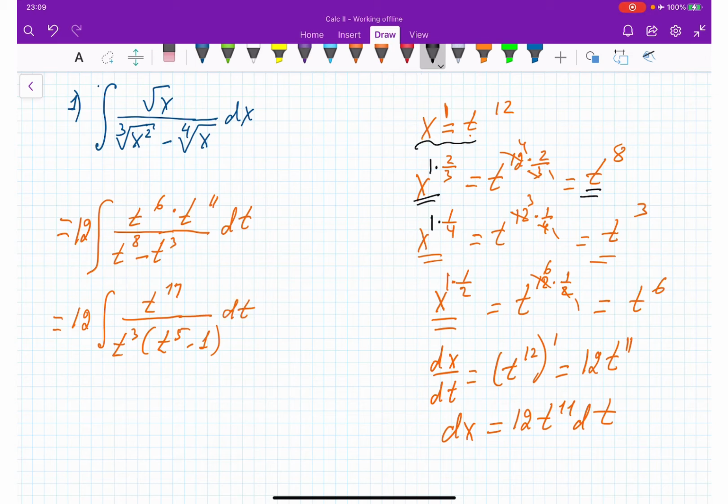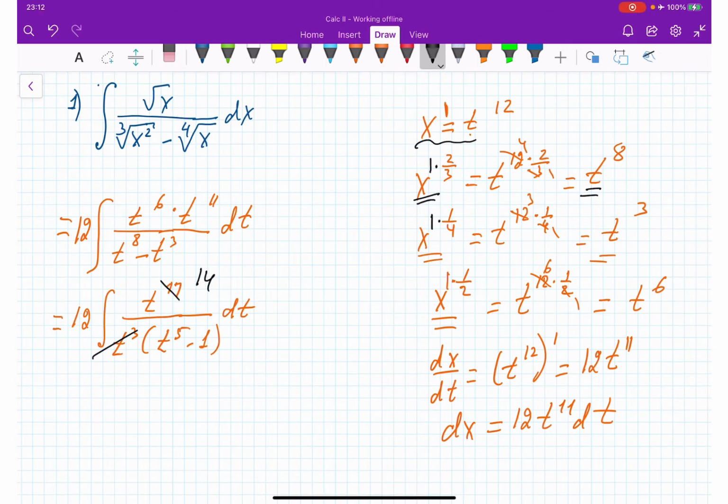Which means this t to the power 3 is gone, and this 17 will become 14, right? So let's write it out clean. 12 integral t to the power 14 over t to the power 5 minus 1.